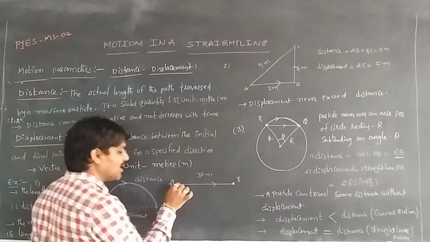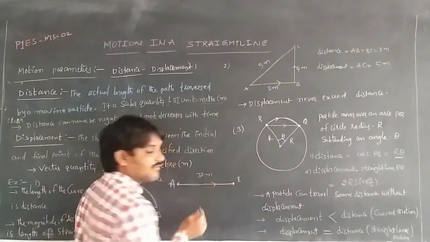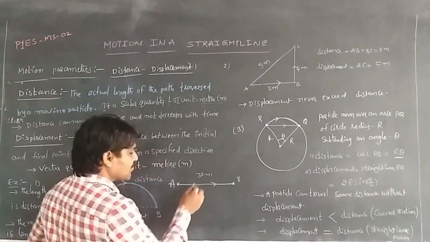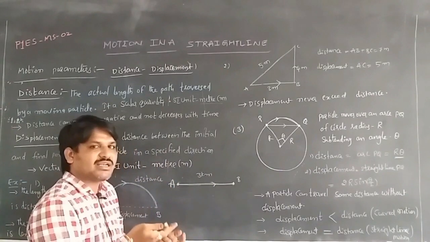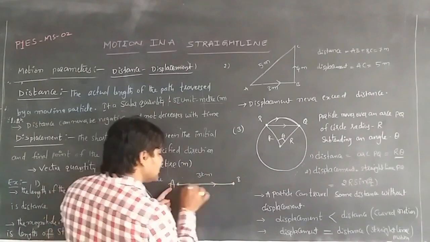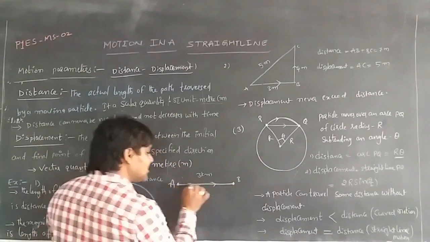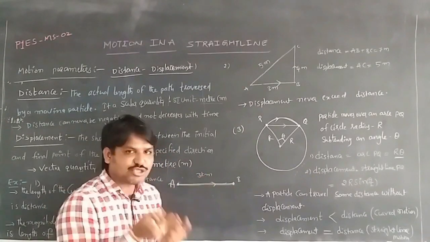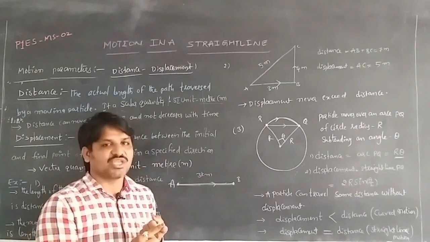Since the body is moving along a straight line without changing its direction, the 3 kilometers is the distance, and the displacement we can also draw as a straight line in a specific direction from the initial point to the final point, which is this only. So we can say this is the displacement and this is the distance. When the body is moving along a straight line, the displacement and distance are equal.